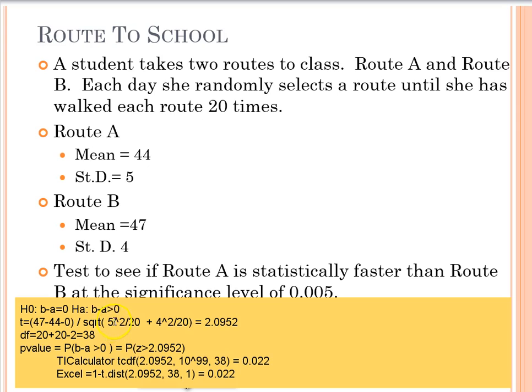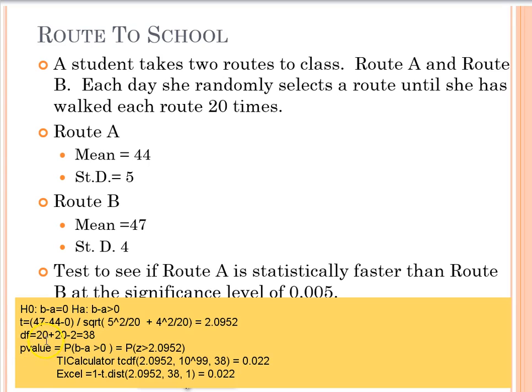That is just the standard deviation for Route A squared divided by my sample size, which was 20, and I also do this for Route B. So I divide first, then add these two terms, and square root last, for a final t-score of 2.0952.